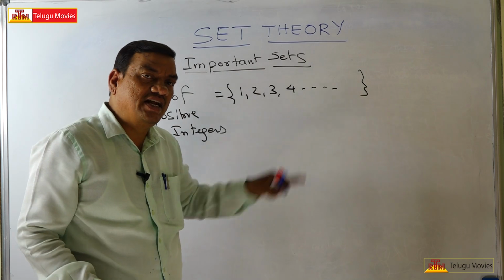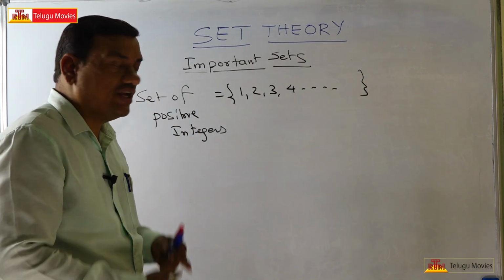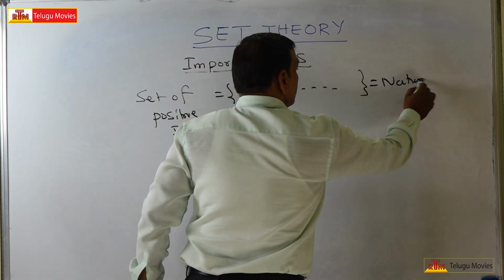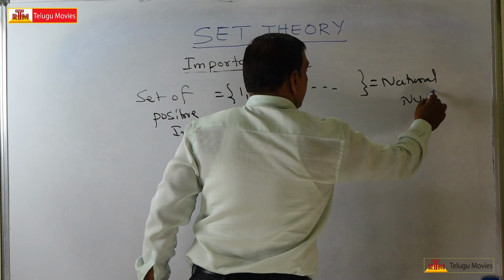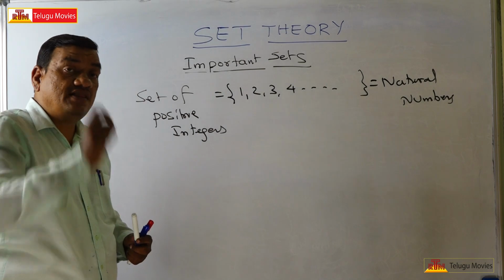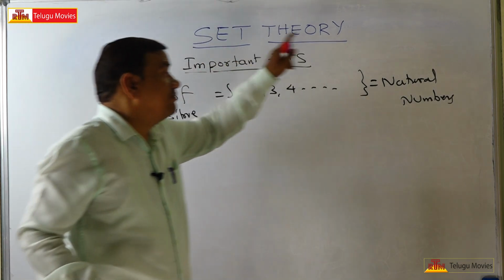Have you seen this set anywhere? Just to recall, this is nothing but the natural numbers. So from here onwards, whenever a problem says x is a positive integer, that is nothing but natural numbers.